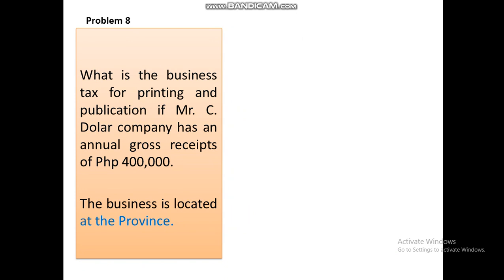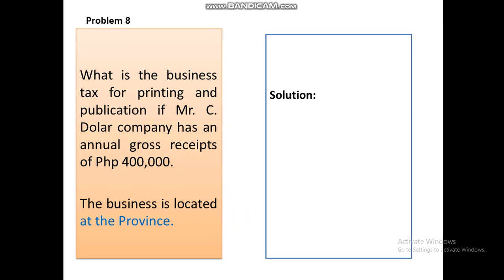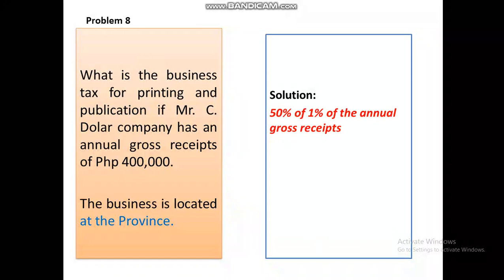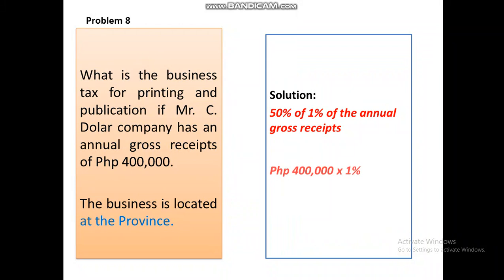So, what is the solution? It is expected pag nasa province po ang pagbabayad ng business tax for printing and publication, 50% of 1% of the annual gross receipt ang kanyang computation. So, 400,000 times 1% is equivalent to 4,000 times 50%. Kaya 2,000 lang po ang babayaran niya.